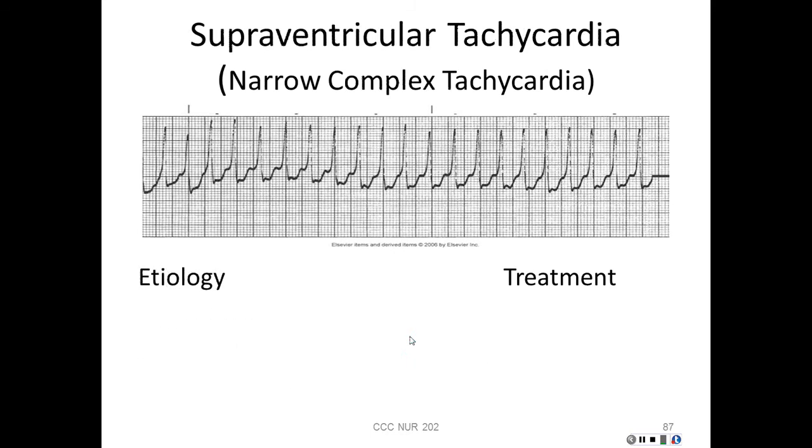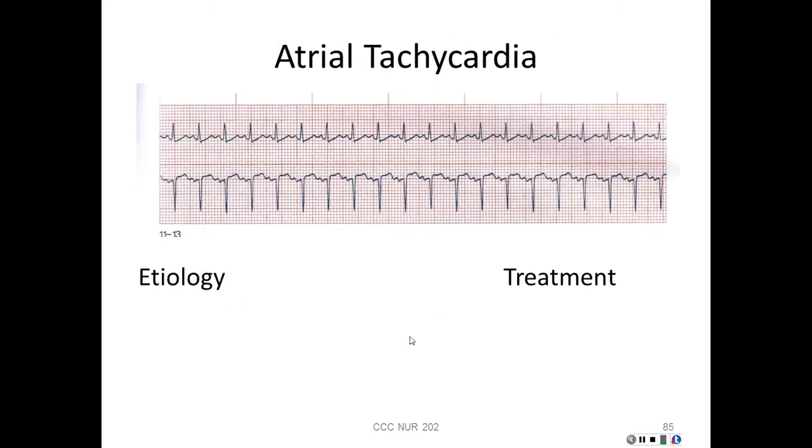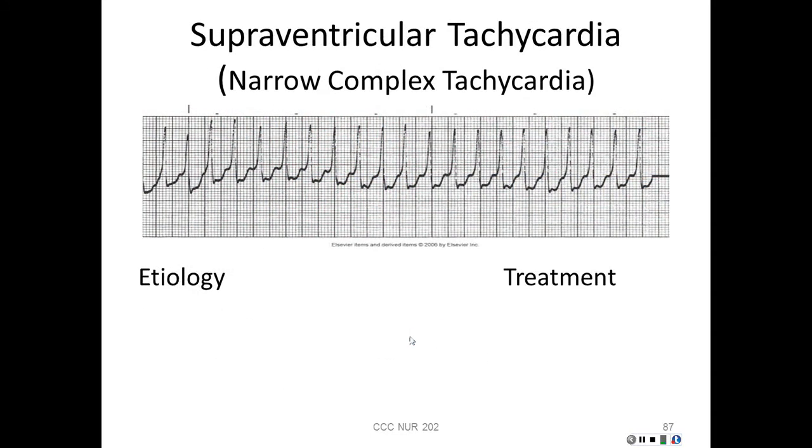And if you look at these, all the QRS complexes, they're calling it a narrow complex tachycardia. I don't expect you to be able to tell me whether it's supraventricular, whether it's atrial, whether it's multifocal atrial tachycardia, because physicians still argue about that. We're going to treat this like ACLS treats it, like a narrow complex tachycardia.